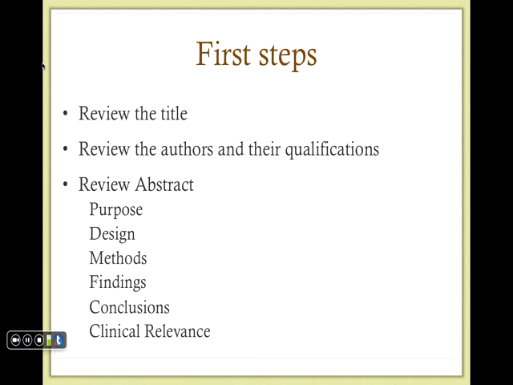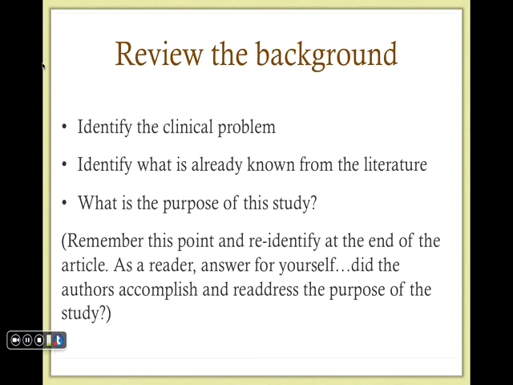So again, you're going to find a pretty standard format in terms of purpose, design, methods, findings, conclusion, and clinical relevance. So again, your group will have to look, after you read the article, go back to the abstract and say, okay, did they include all the key elements of this article in the abstract, or were some items missing?